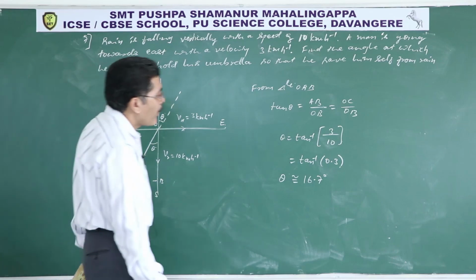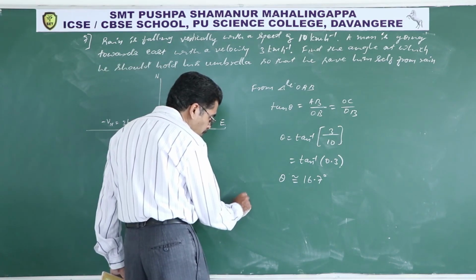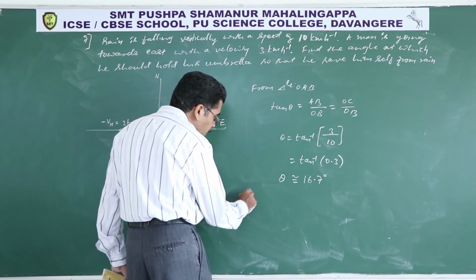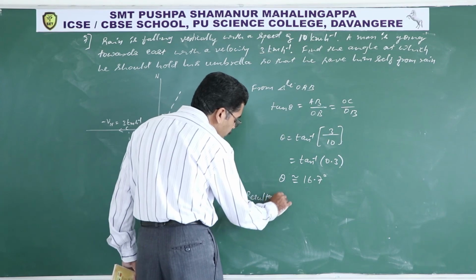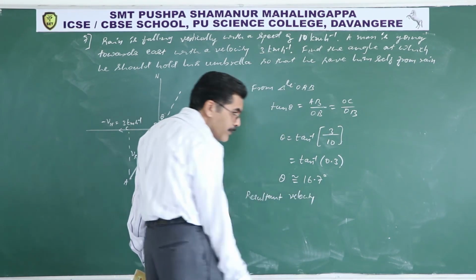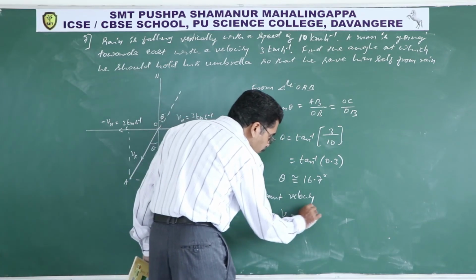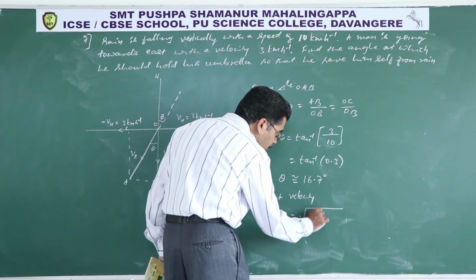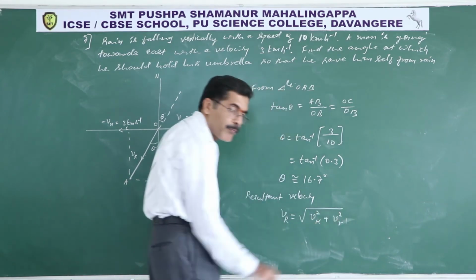And if you want to calculate the resultant velocity, you can use this relation: VR is equal to root of Vm square plus V rain square.